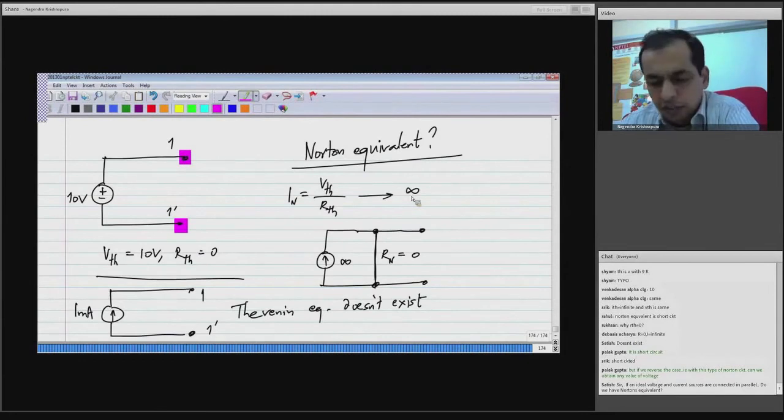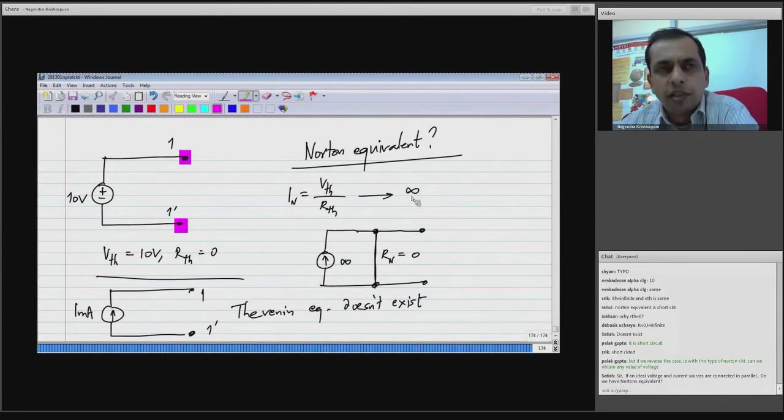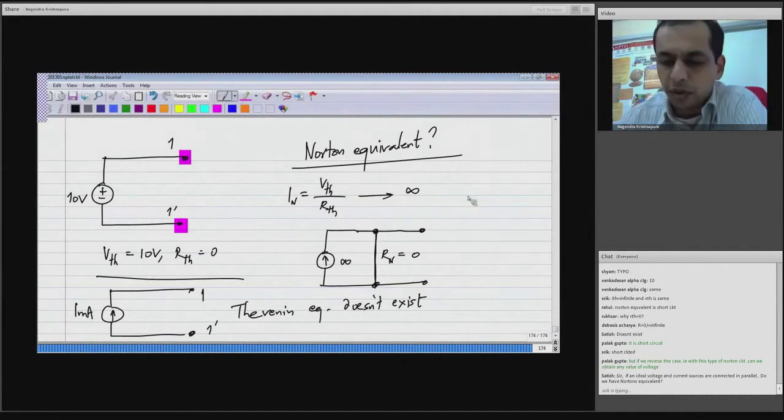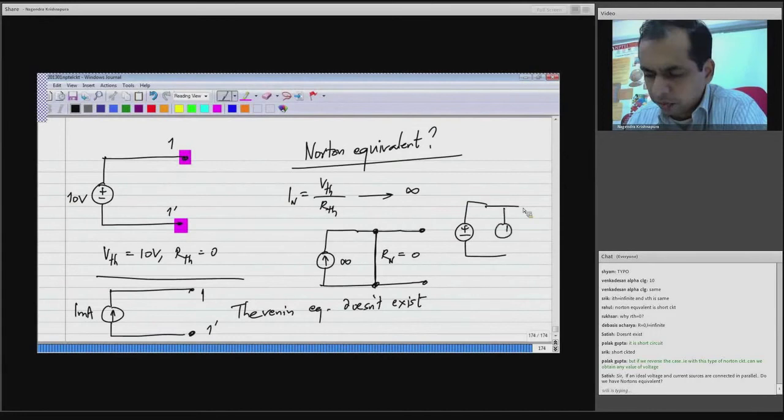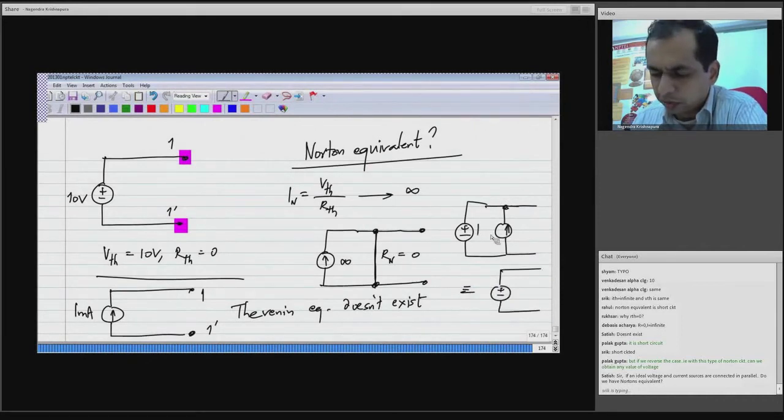Now the other question is, if you have a voltage source and a current source, do you have a Norton's equivalent? If you have a voltage source and a current source in parallel, the result is just a voltage source. This was mentioned a few times before. If you have a voltage source in parallel with anything, whether it's a current source or whatever else, it is the same as the voltage source itself.